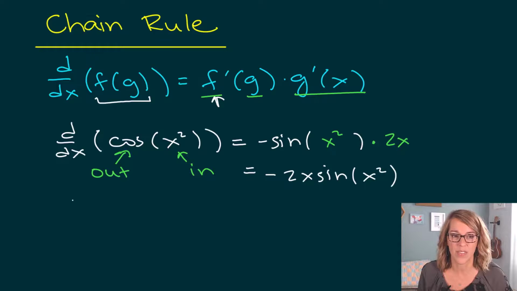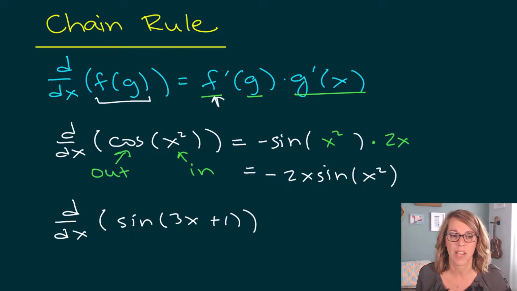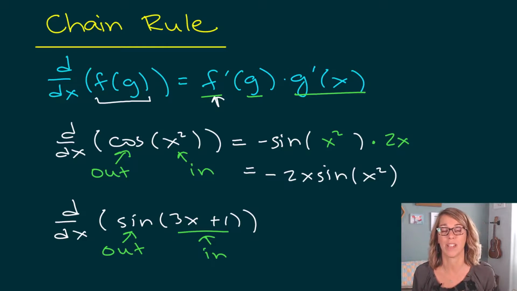Here comes another example. Let's do d/dx of sine of 3x plus 1. For this one, my outer function is a sine function, and my inner function is this 3x plus 1.